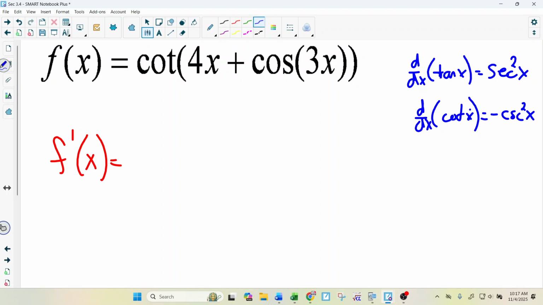Once again, I don't expect you to know that one necessarily. Sine, cosine, and tangent we need to remember, but the other ones we don't. So the derivative of the outside, cotangent, is negative cosecant squared. The inside stays the same.